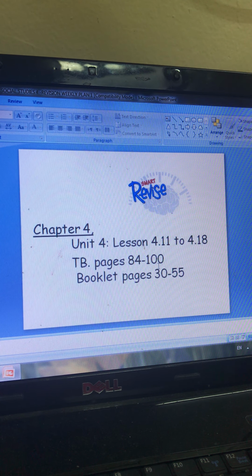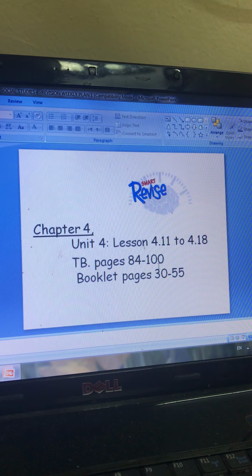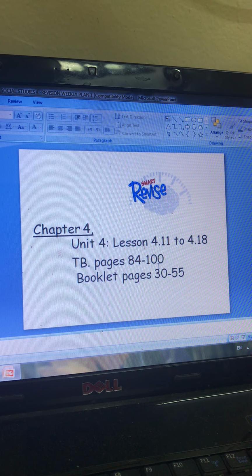Okay. Then the roles of the government: provide a legal system, maintain competition, provide public goods and services, redistribute the income, correct market failure, stabilize the economy.